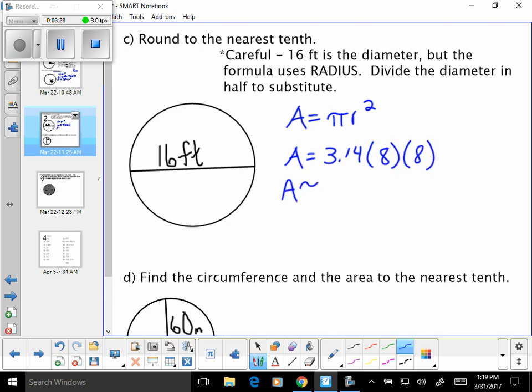Now in my calculator, I am going to put 3.14 times 64, and then make sure you round off to your nearest tenth, should be 201.0 feet squared. Okay, why do I have to put the 0.0? It really tells the reader this is a rounded off answer. It's not going to come out evenly to 201.